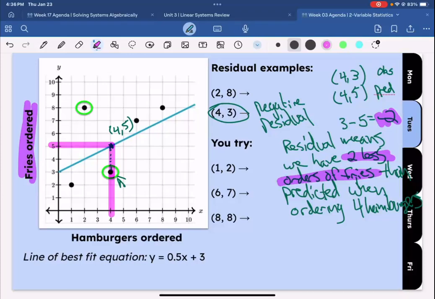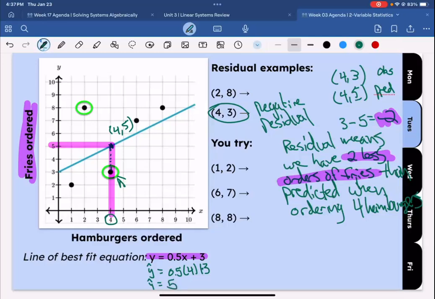That's how you can use the graph, the labels, to help determine how to explain this. If you're doing this in a context where you don't have the graph, you're going to have to make sure that you read the story that goes along with it. We could do the same thing using our equation. If we knew our x value was 4, to find the predicted value, we'd have half of 4 plus 3. Half of 4 is 2, plus 3 is 5. So our y hat value would be 5.